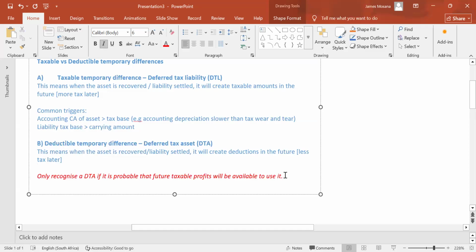Sorry, James. Can you hear me? Yes, I can. When you say only recognize a deferred tax asset if it is probable that future taxable profits will be available to use it, how do you know when it's probable? Okay, there's going to be a statement in the scenario that tells you that this entity has sufficient future taxable profit that will be available for use.